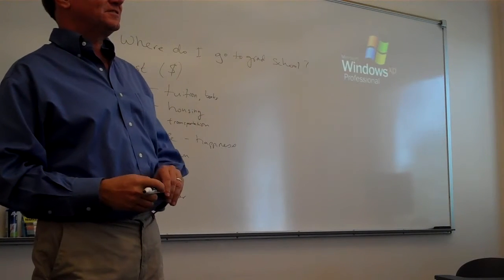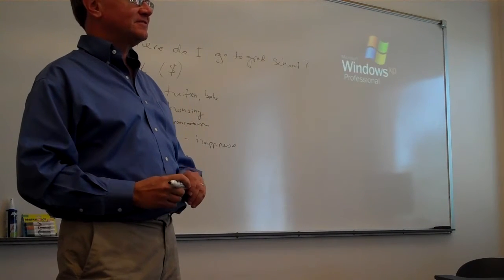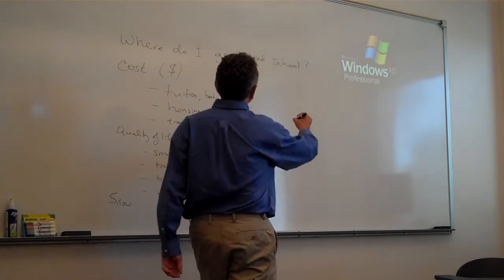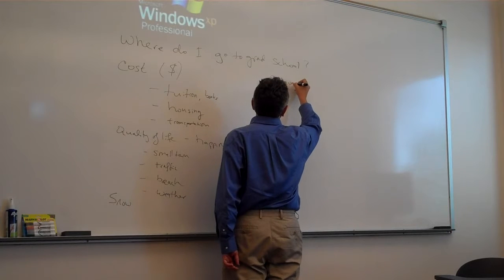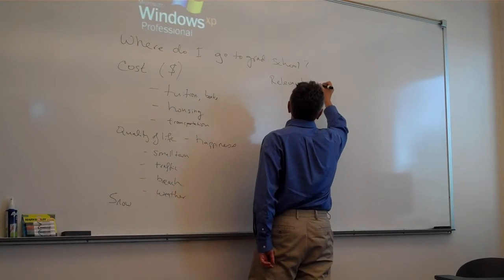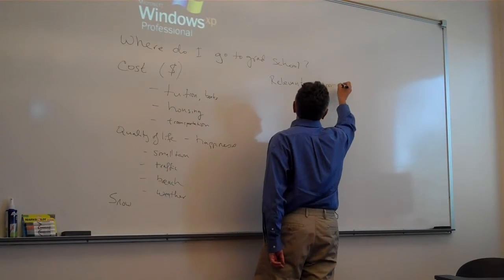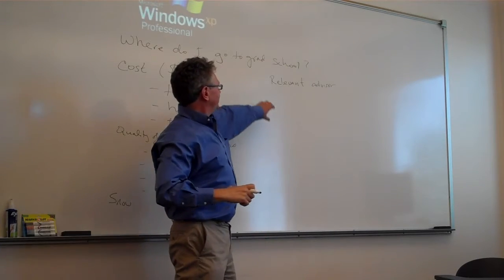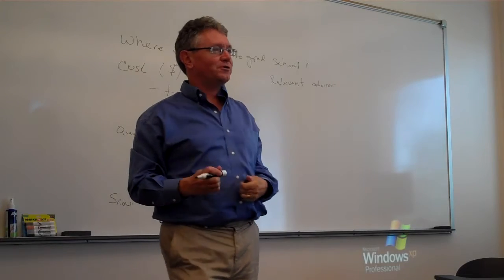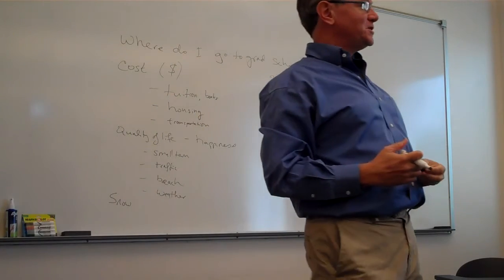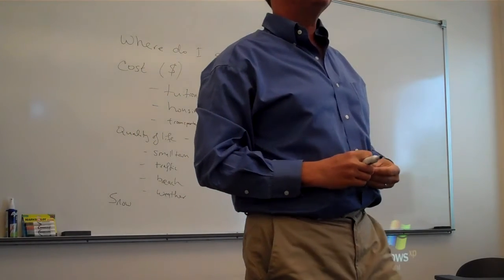I think a big one would be if there's an advisor that does work relevant to your interests. Okay. And that's going to be important for PhD students. It's probably less important for MESM students, given the way that the MESM program is structured.